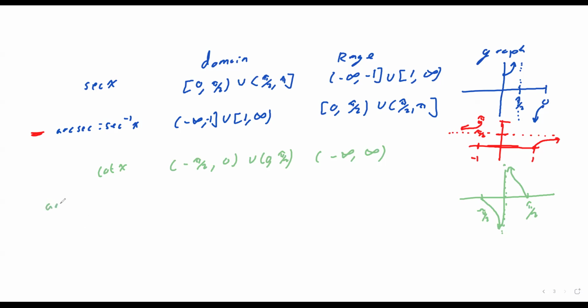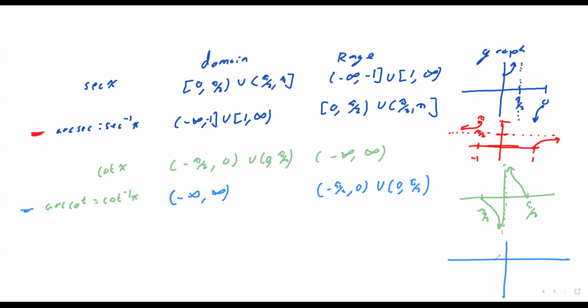And then when we look at the arc cotangent or cotangent inverse, we, again, sorry for not changing that color. This is going to be -infinity to infinity. And then this would be negative pi halves, comma 0, union 0 to pi halves. So now I have this horizontal asymptote.